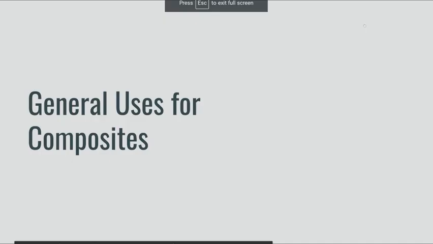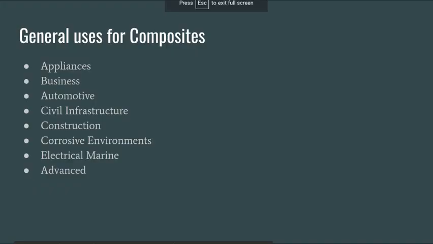And those general uses, the broad spectrum of them, will be appliances, businesses use them, automotive industries use them, civil infrastructure, which we'll go over when I get to that slide, but that really just means the roads you drive on, the bridges that you go across, all the infrastructure of those pieces.